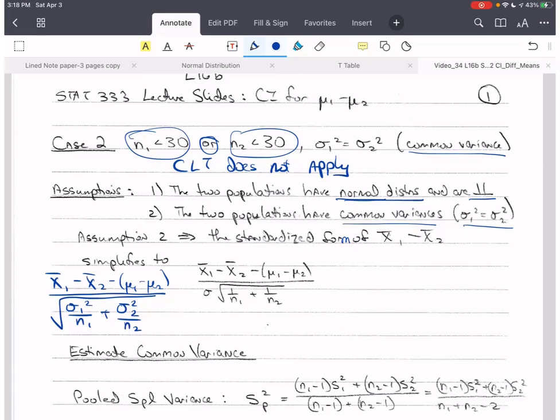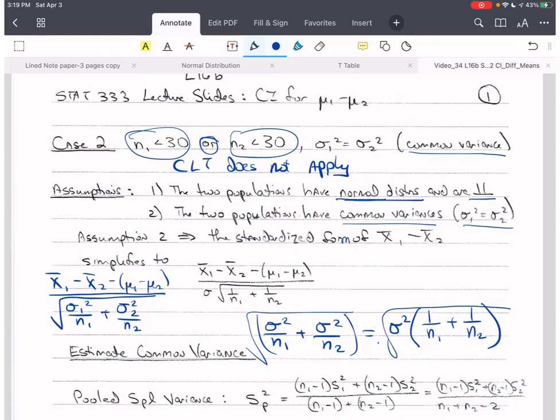Well, if both of them are sigma, then I can factor sigma squared out of both of them, and then I take the square root. This is equal to sigma square root of 1 over n1 plus 1 over n2. And thus we have our standardized form here.